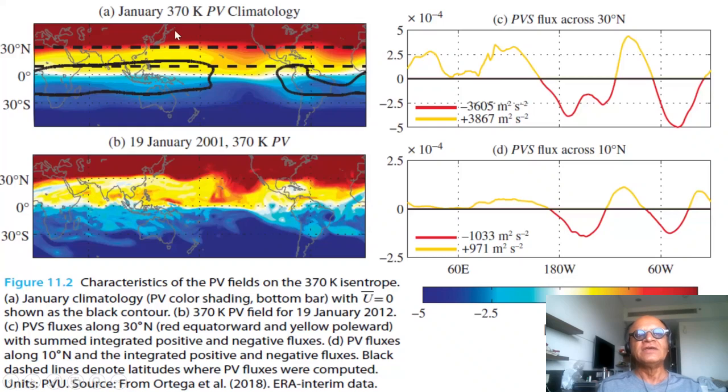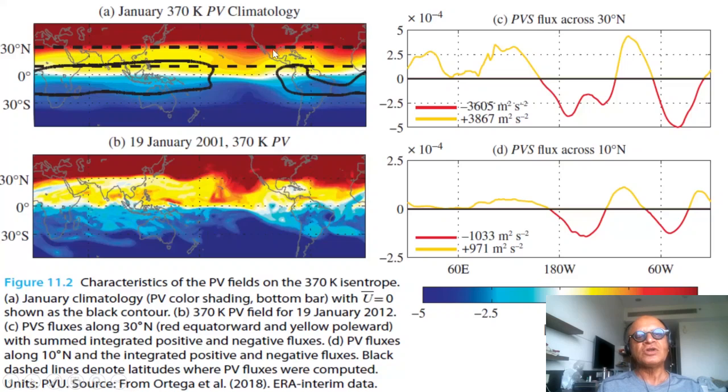Coming off of the East Asian continent, there is the strong potential vorticity that is associated with the westerly jet. And then you have the exit of the westerly jet, this intrusion into the westerly duct, and then you have a similar intrusion down here in the Atlantic as well, and you have the easterlies shown here as the zero line of the zonal velocity.